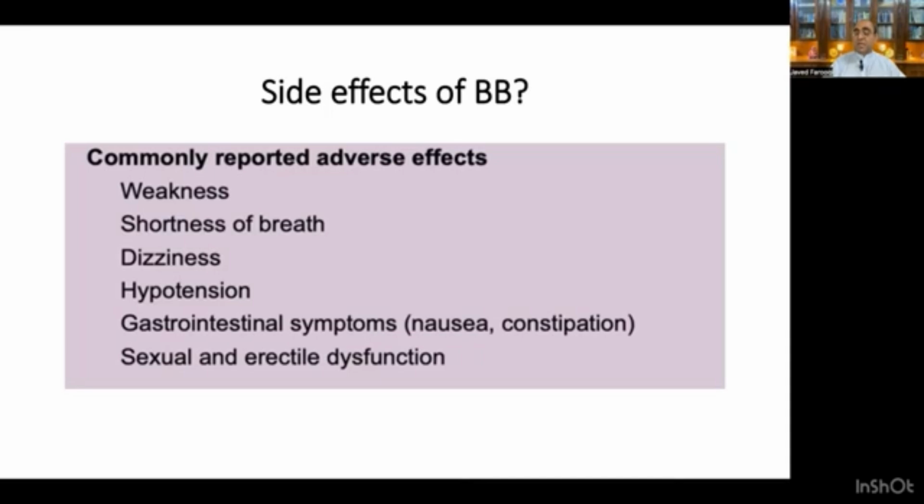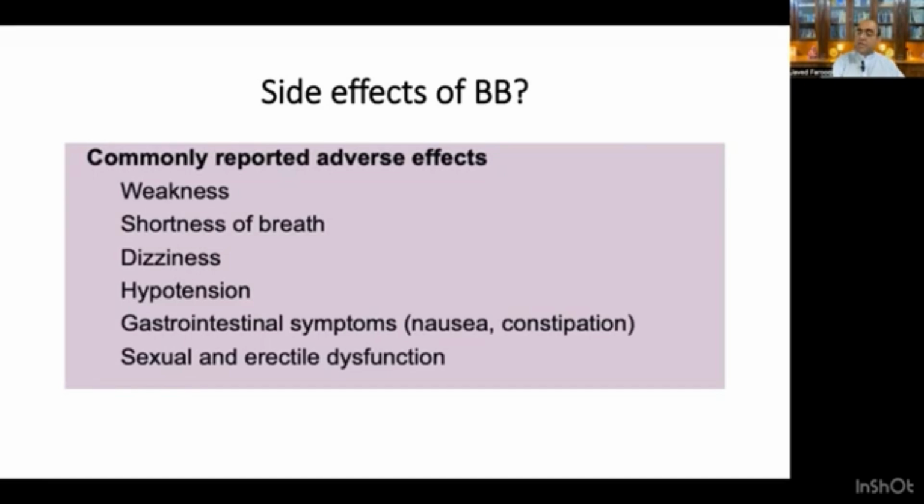Most of the time we don't think that these may be because of the beta blockers, and we go for other causes. So if the patient is on beta blockers, this is another one of the commonly reported side effects. And of course, in male patients, sexual and erectile dysfunction is a commonly reported side effect. You need either to decrease the dose, counsel the patient, or go for alternative options.